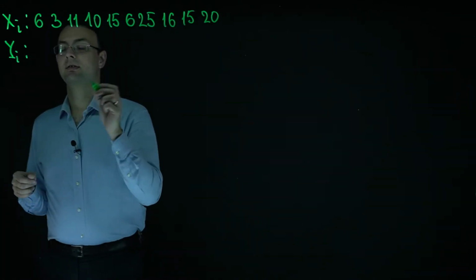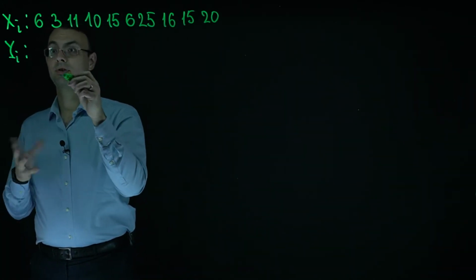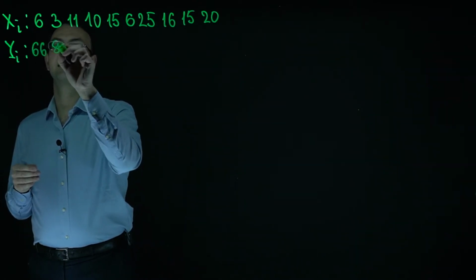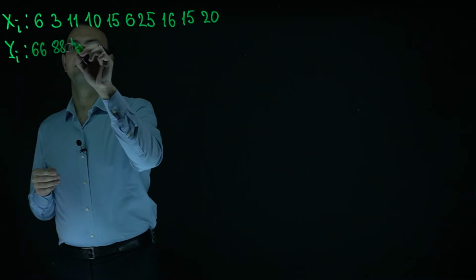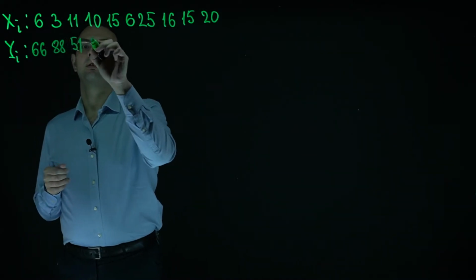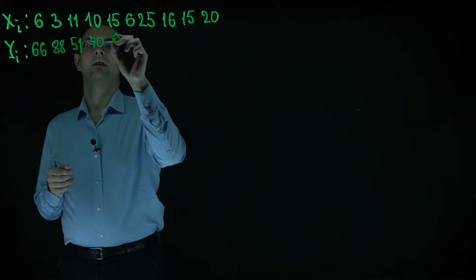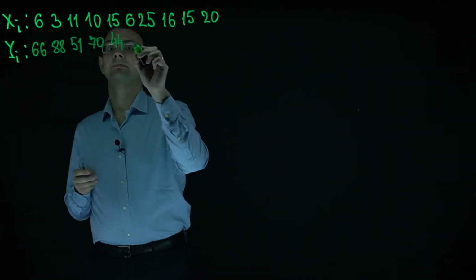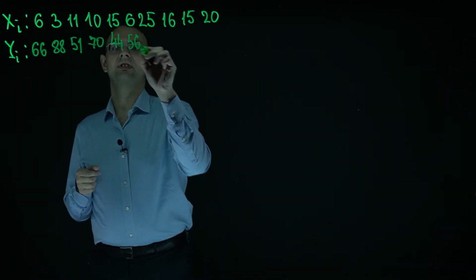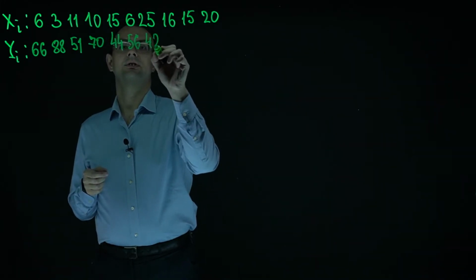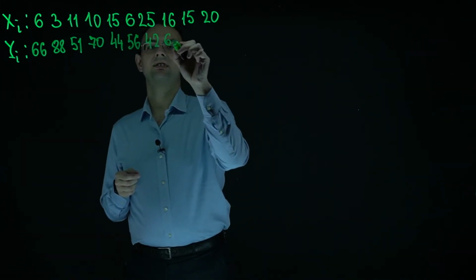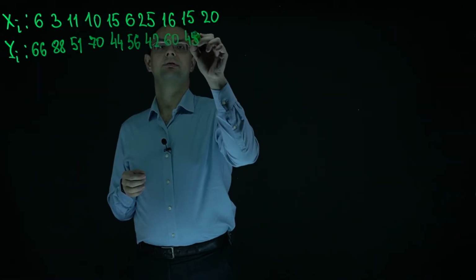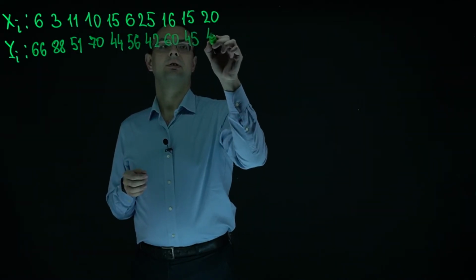And y's, insurance premium in British pounds, are 66, 88, 51, 70, 44, 56, 42, 60, 45, and 40.